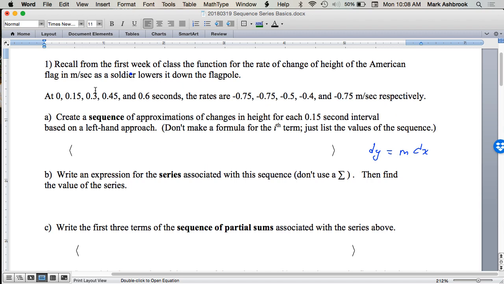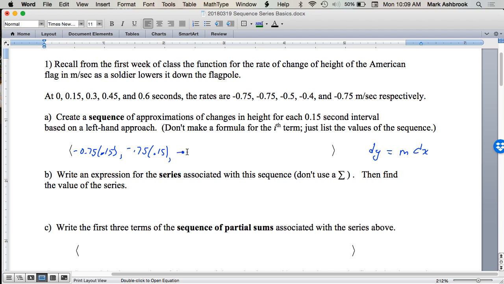So the first change in height would be negative 0.75 times 0.15, whatever that turns out to be. The next change in height would be negative 0.75 times 0.15. Third interval, we would be using the rate at the left side of every interval.